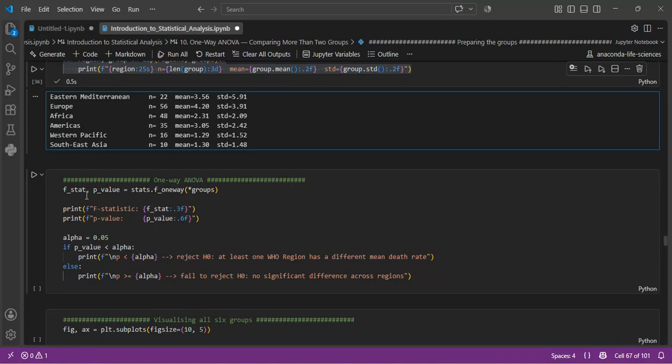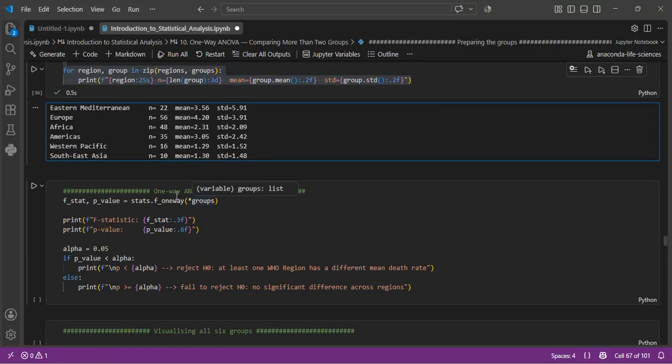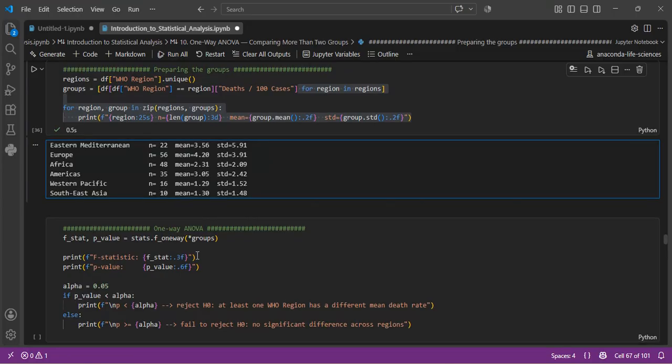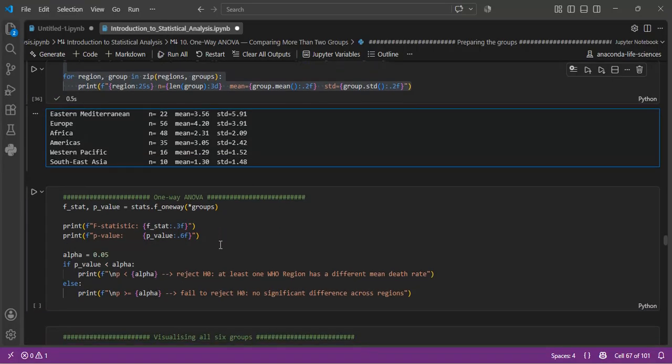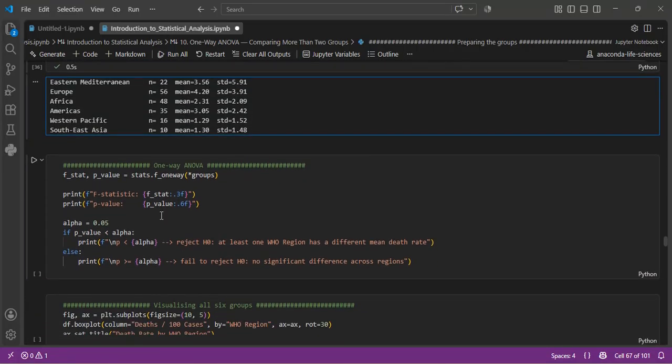The F statistic and then the p-value equals stats.f_oneway, and then we say asterisk groups. The asterisk groups will select all the data in the groups. Okay. So now once we are done, we can print the F statistic and also the p-value.